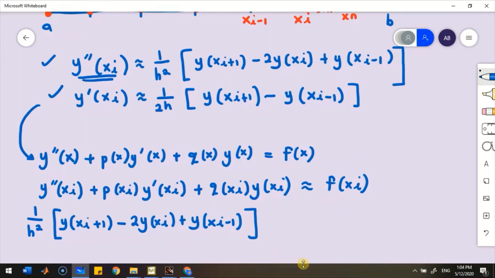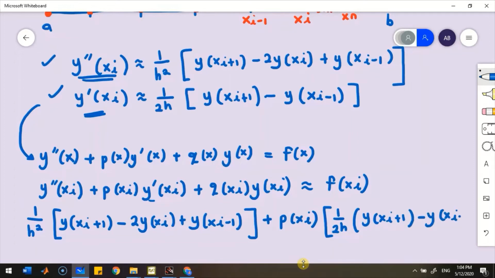And then plus p of xi times y prime, which is this equation here, so 1 over 2h, y xi plus 1 minus y at xi minus 1.